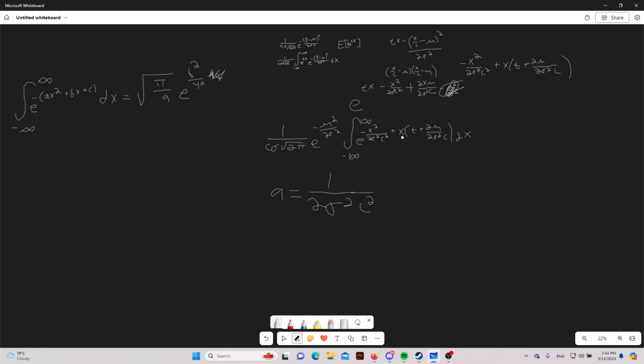But b, on the other hand, we have a positive term here, but according to this it would be negative, but it doesn't matter because we're going to be squaring it anyways. So b is equal to negative t plus 2 mu, or we can just cancel out the 2, mu over sigma squared c.